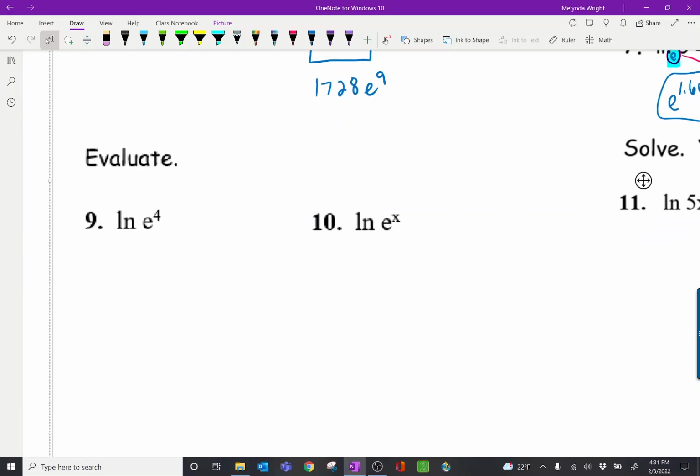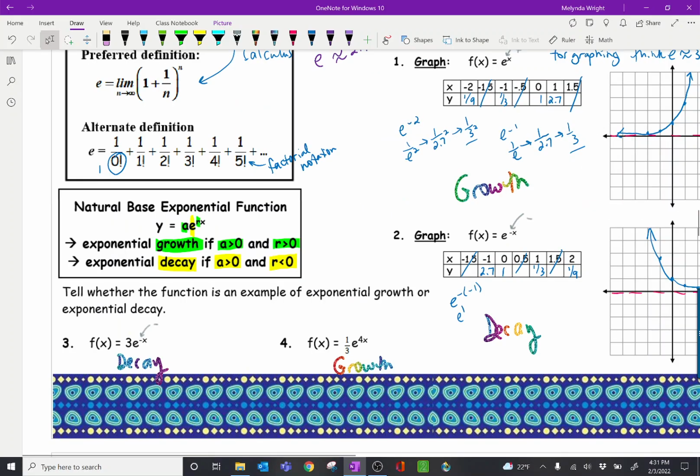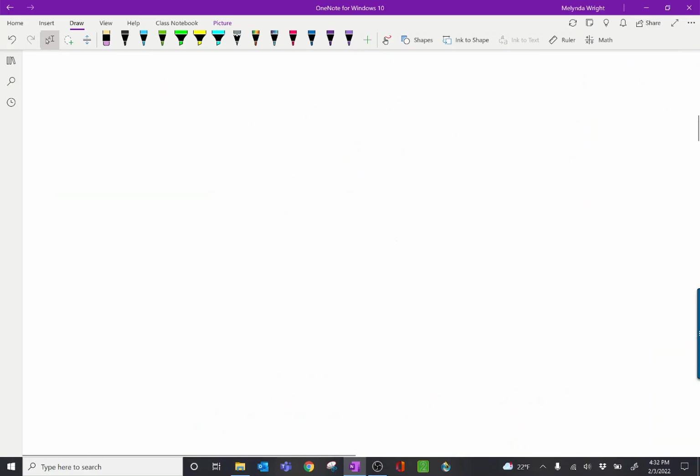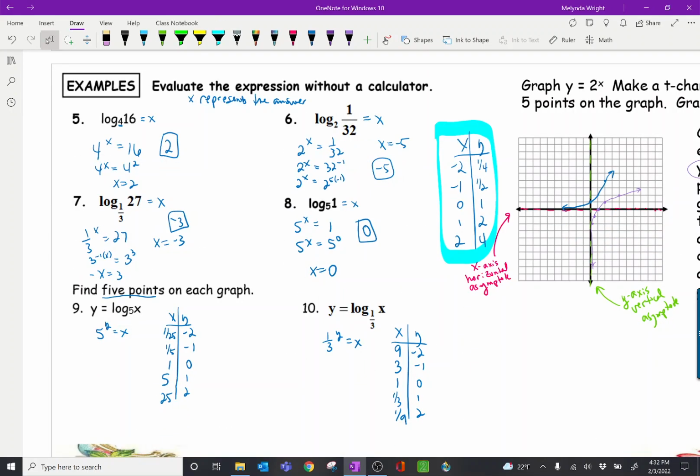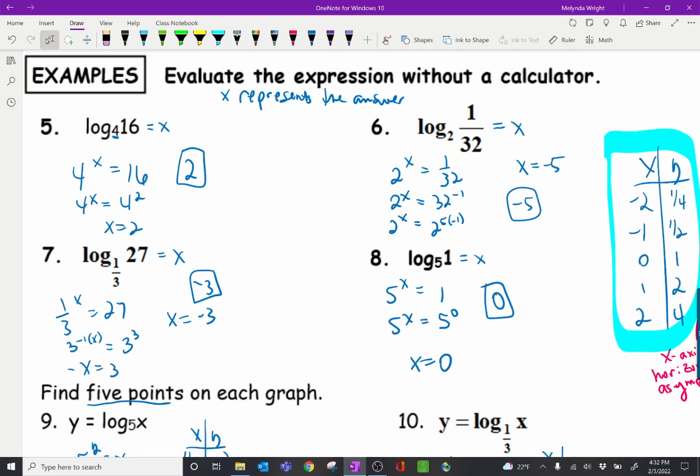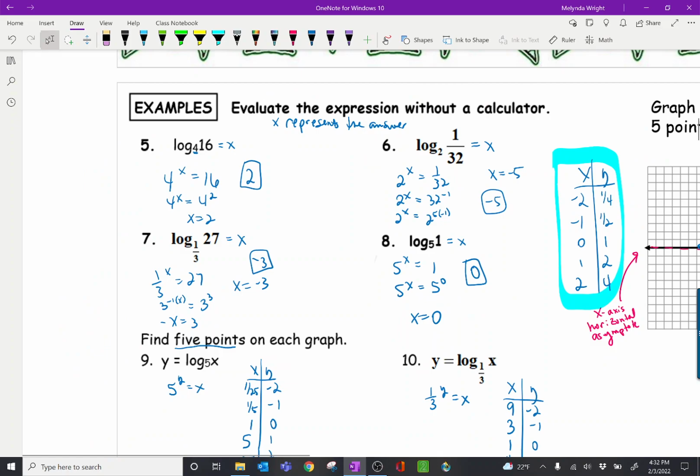I want to remind you of something that we've done previously. If we go back to here, remember this right here? Remember when it told us to evaluate and we said that x represents the answer and we set it equal to x and then we converted? We're going to do virtually the exact same thing on this lesson.